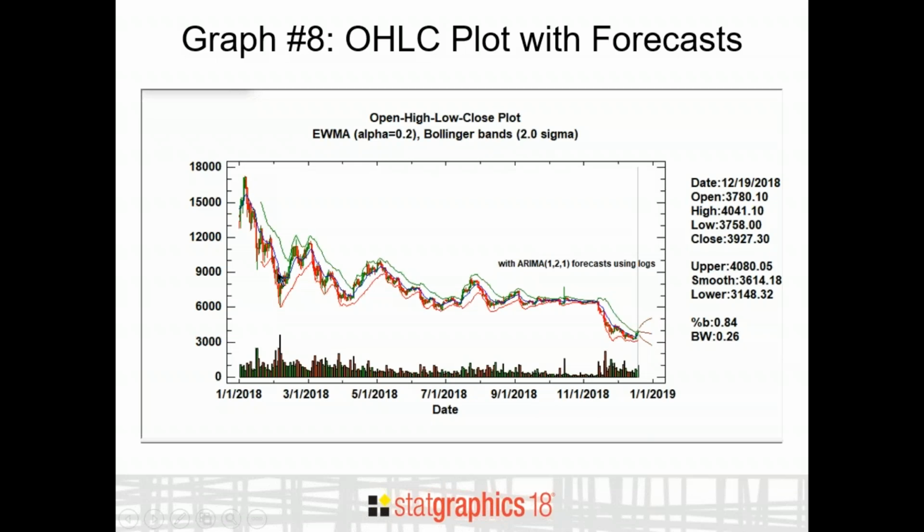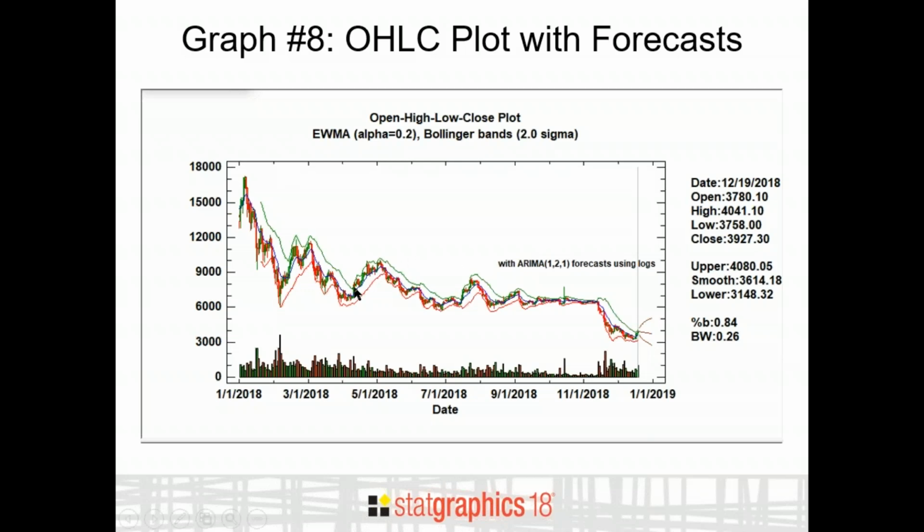Superimposed on top of those bars is a smoother. In this case, it happens to be an exponentially weighted moving average, in which I've chosen a smoothing parameter of 0.2.